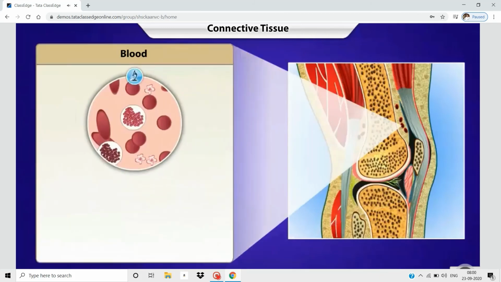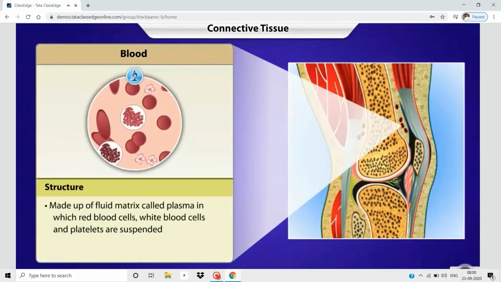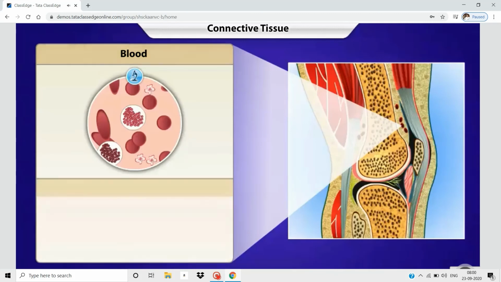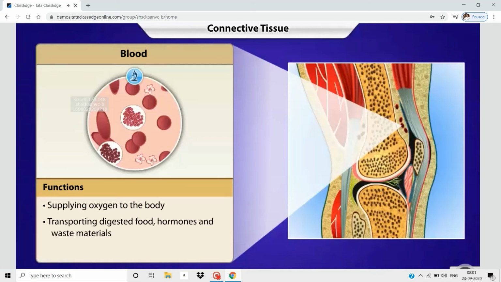Blood is a connective tissue made up of fluid matrix called plasma, in which red blood cells, white blood cells, and platelets are suspended. Blood helps in supplying oxygen to the body, transporting digested food, hormones and waste materials, and also fighting infection.